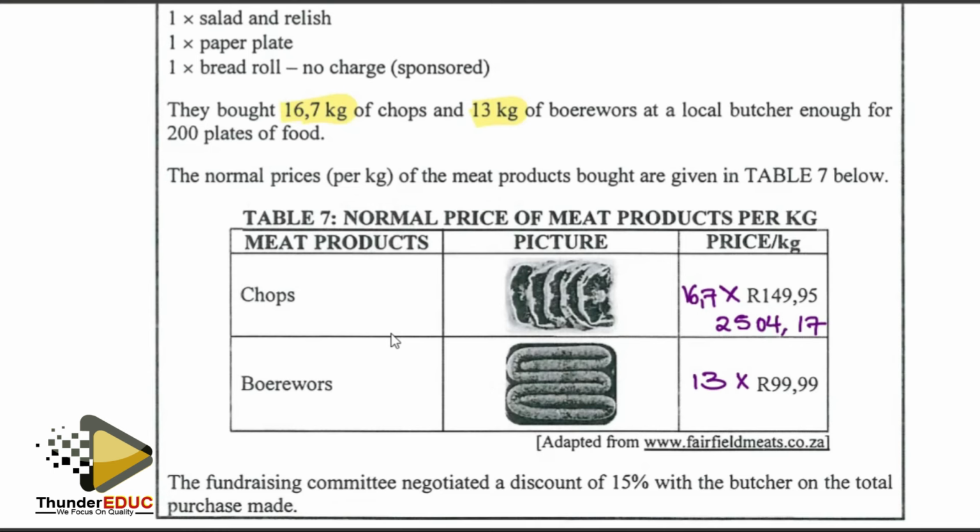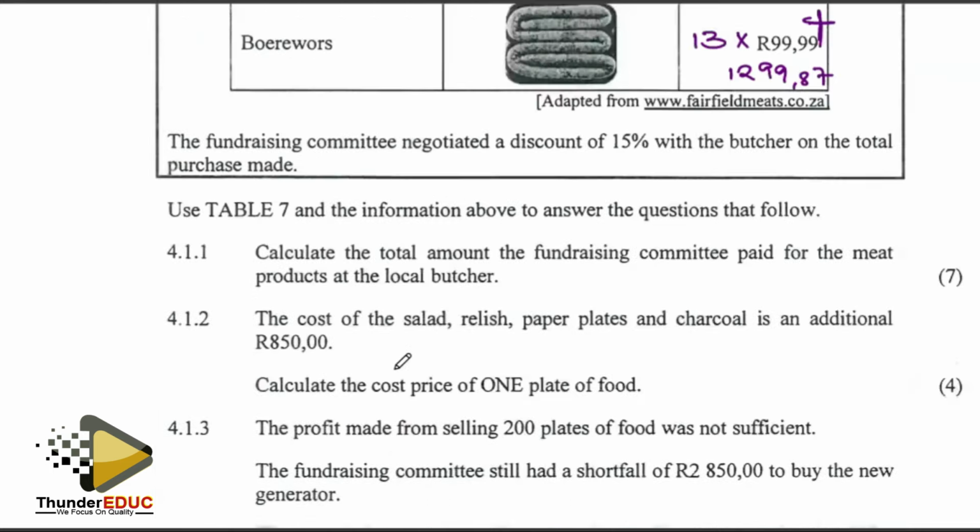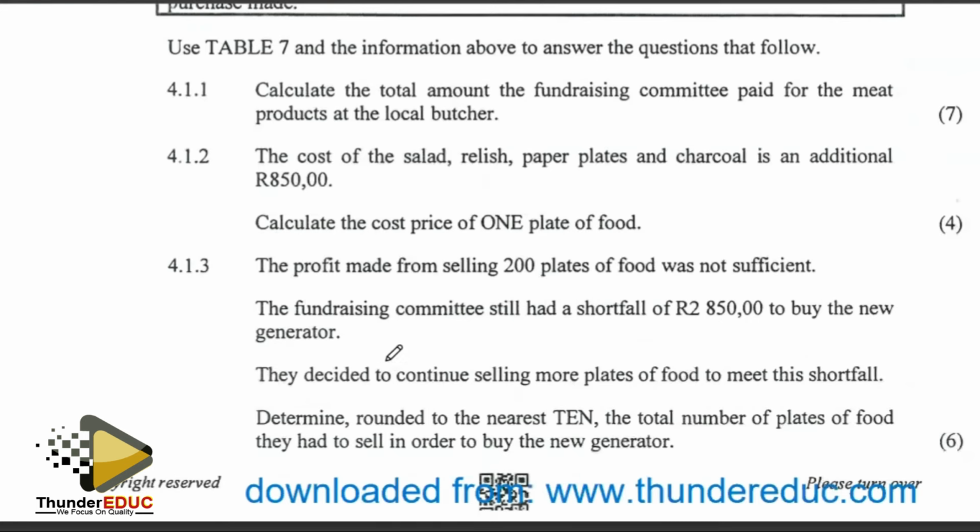Here we have 13 times. So here we have 1000, 299.87. So we added a 2, added a 2. You added a 2.